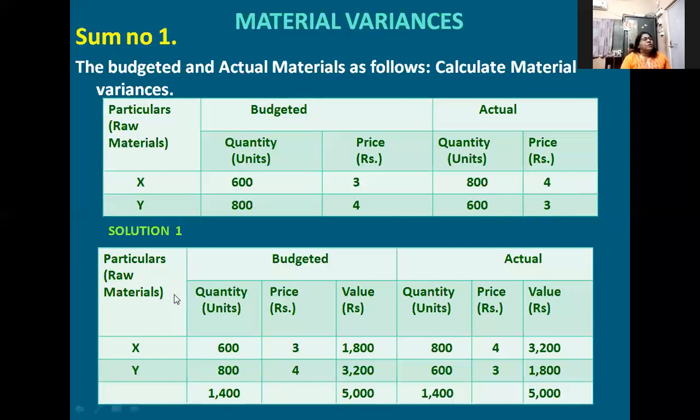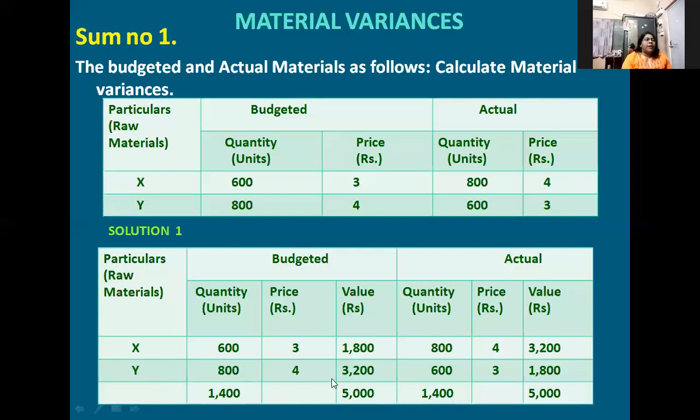Now look at the solution. Again, I made use of the same kind of table, but along with additional information, the value. How do I calculate the value for both standard as well as actual? Look at that: 600 quantity into price per kg, that is per unit, is 3. So what is the value? 1800. Like this, 800 into 4, 3200.